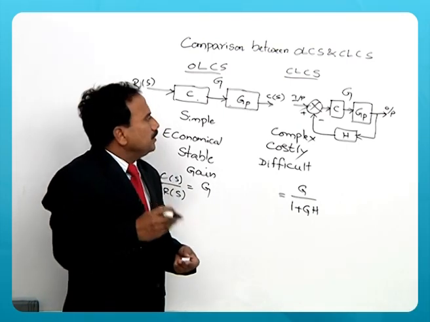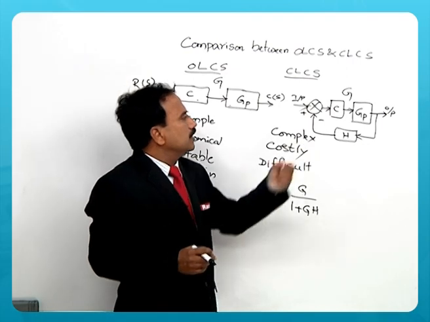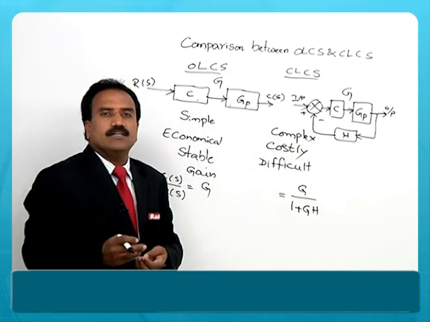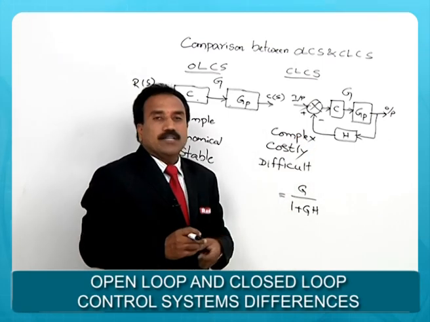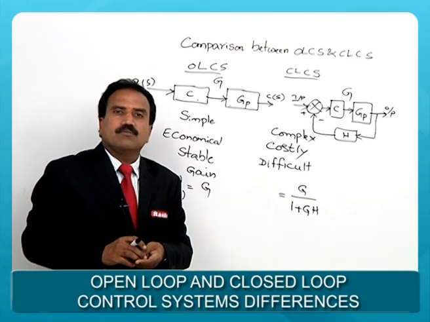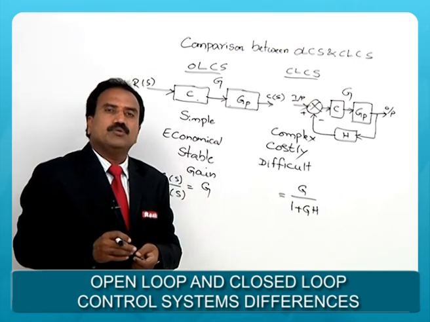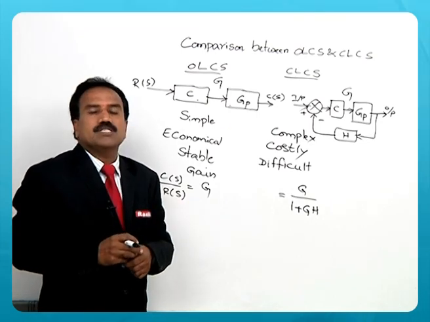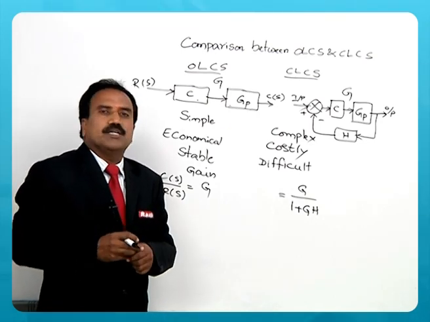So we need to concentrate on the controller so that it should produce the desired gain and also accurate output. As I mentioned, closed loop control systems are more accurate. So when you would like to have an accurate output, there is no option, we must go for closed loop control system.